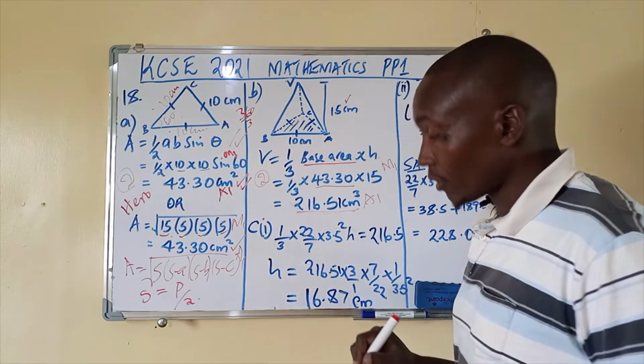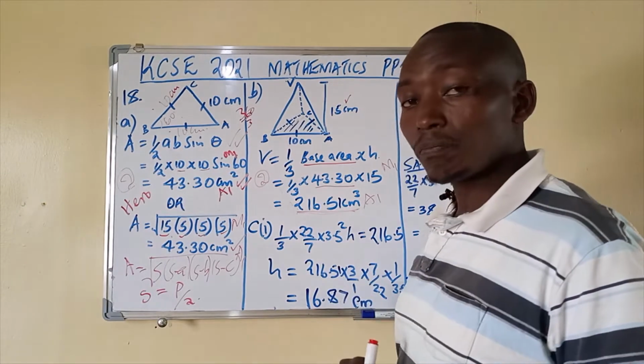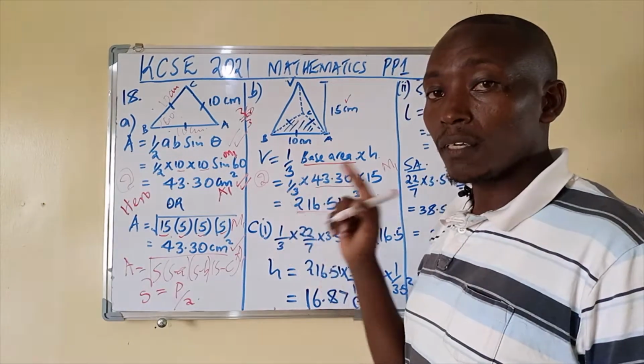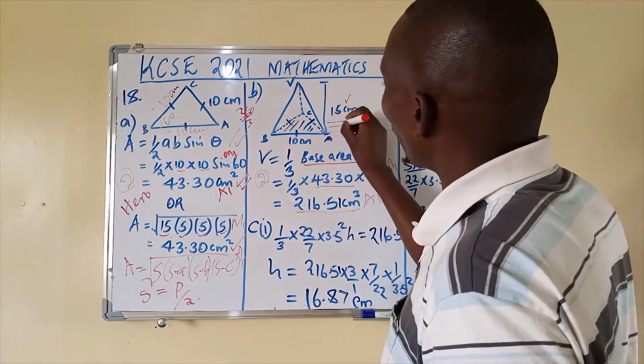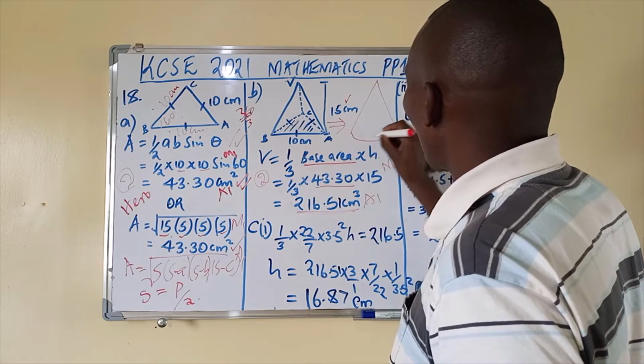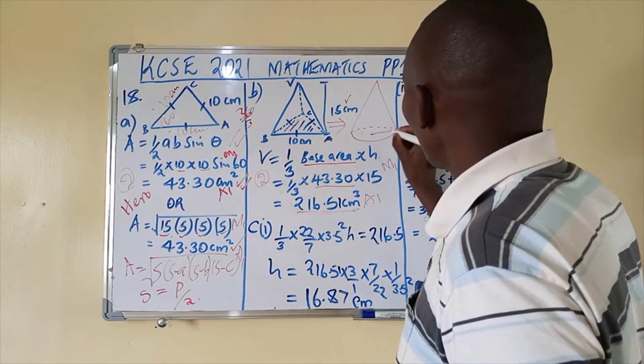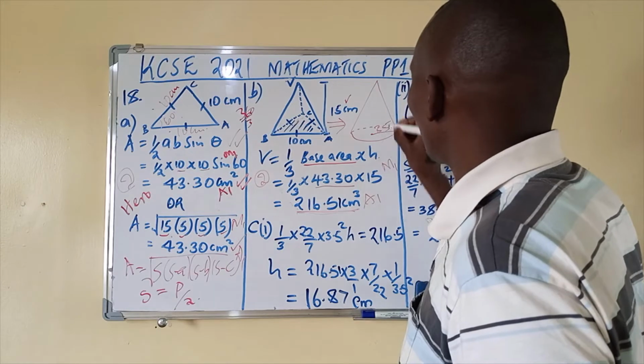Part C, you're given the instructions very clearly here that the same pyramid is recast into a cone. So you're given the radius of this cone, 3.5 centimeters.